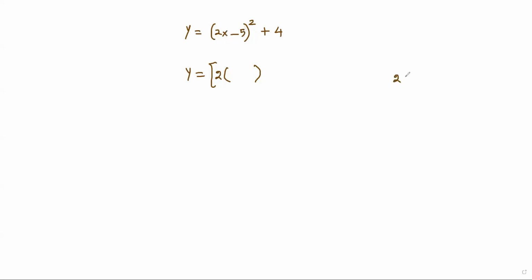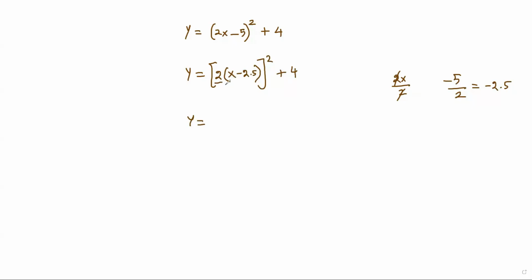When I divide the first term 2x by 2, the 2 will cancel out, I just get x. When I divide the second term negative 5 by 2, I get negative 2.5, the whole square, plus 4.